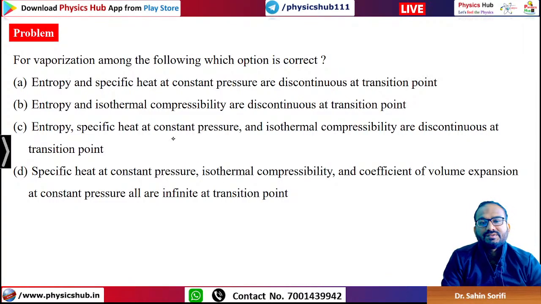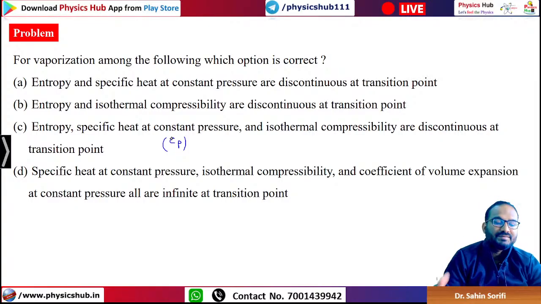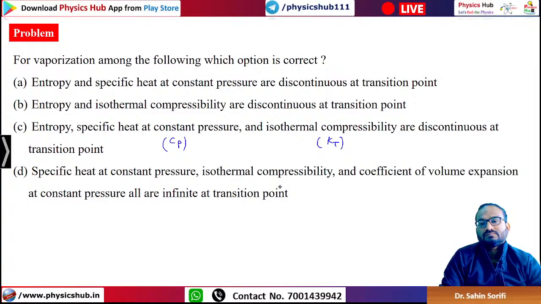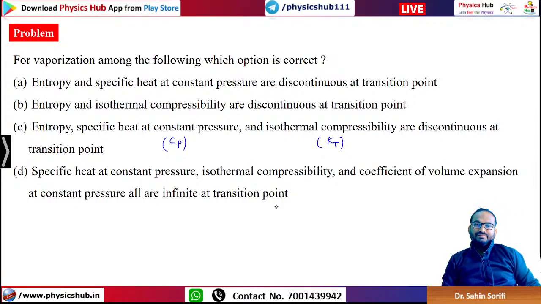Specific heat at constant pressure is Cp, isothermal compressibility is kappa T. Specific heat at constant pressure Cp, isothermal compressibility kappa T, and coefficient of volume expansion at constant pressure are all infinite at the transition point. I think we have also discussed the relevant theory, so you will be able to answer it.